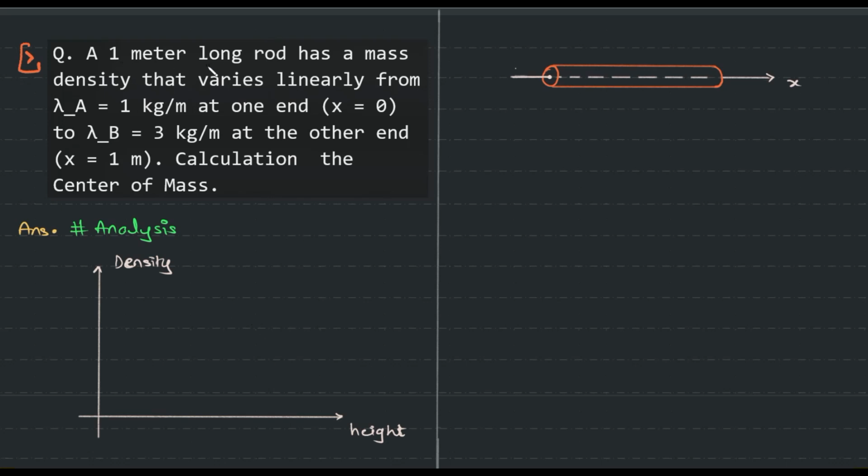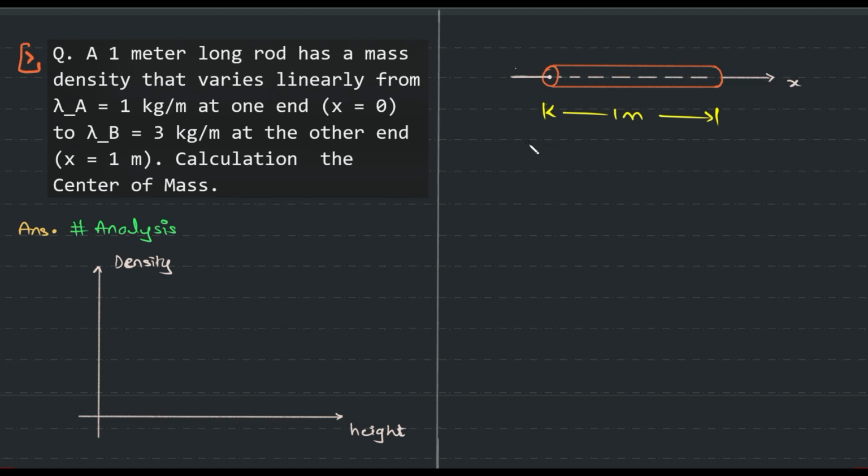So we have a 1 meter long rod, and it has a mass density that varies linearly from lambda, 1 kg at one end, x is equal to 0.